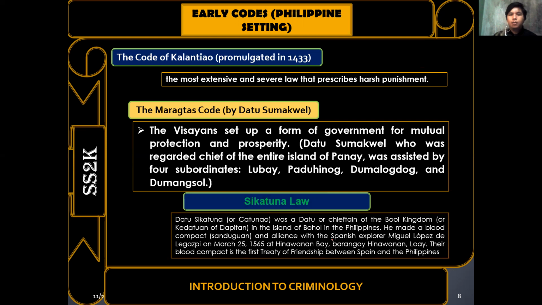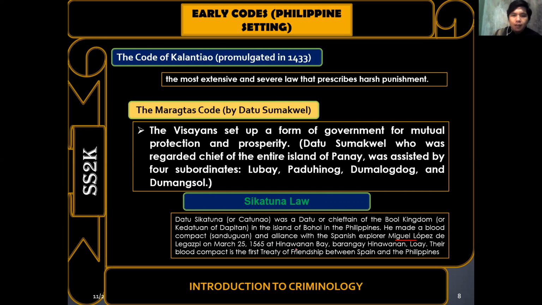Then we have also the Sikatuna Law. Dato Sikatuna or Katunaw was a Datu or chieftain of Bohol Kingdom, no? Or Kidatawan of Kapitan in island of Bohol, okay, in Philippines. He made blood compact or sanduan and alliance with the Spanish explorer Miguel Lopez de Legazpi on March 15, 1565.